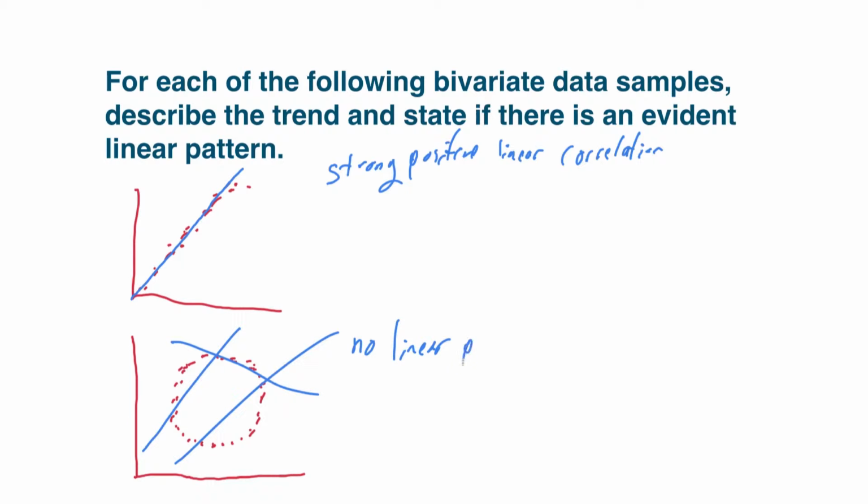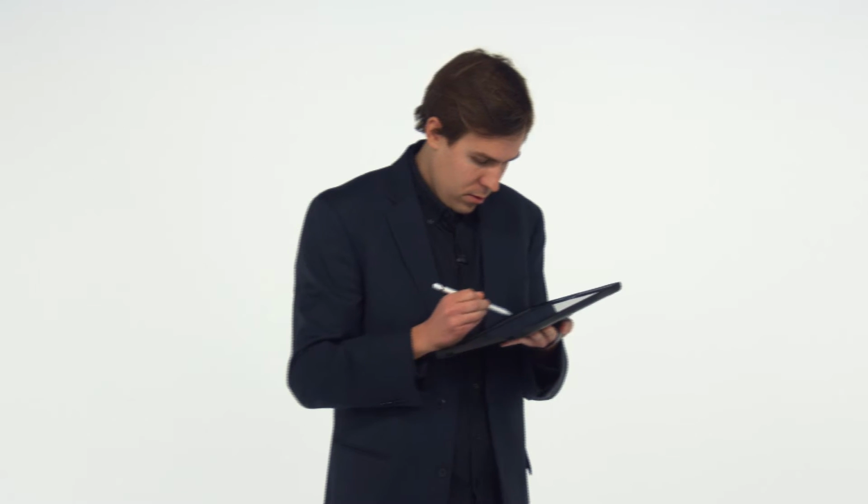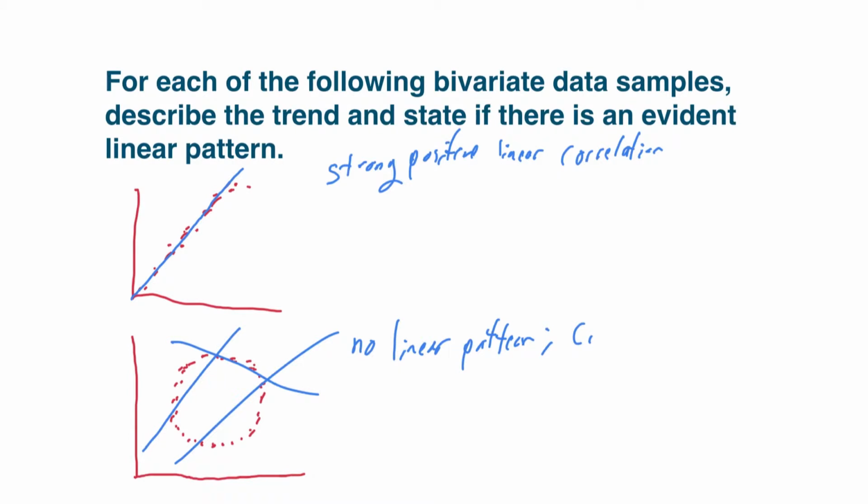There's no linear pattern. Which is not to say that there is no pattern. I think most people would be able to say that this looks a lot like a circle. There is a pattern. It's circular, not linear. So keep in mind that the analysis of bivariate data that's typically done at this level is only looking for linear fits. Anything more complicated is not done.